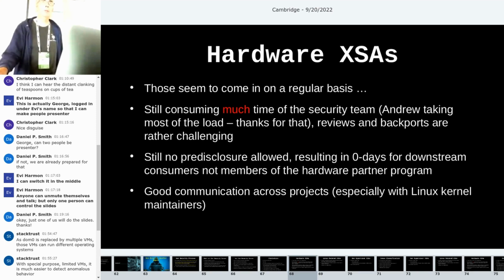You should look whether you don't have any problems in the same area, when Intel is believing this could hit other processor vendors as well. And especially with the Linux kernel maintainers in the security team, we have very good communication channels. So we are negotiating and discussing the issues and can come to similar solutions or discuss if another approach would be better. So this is working quite fine.